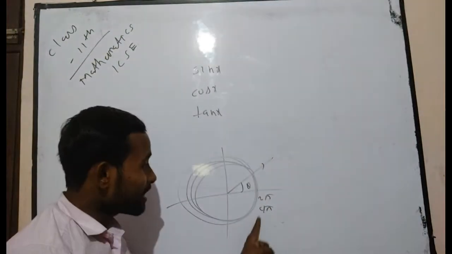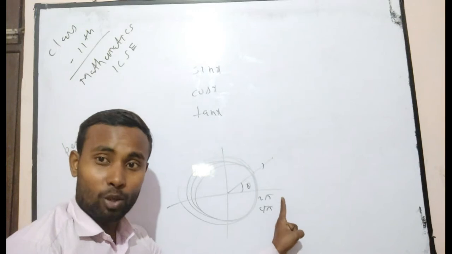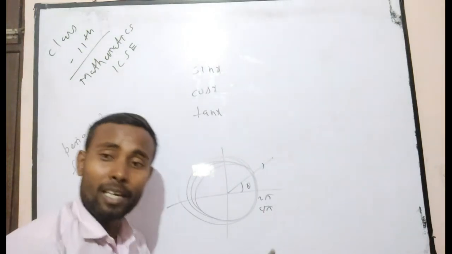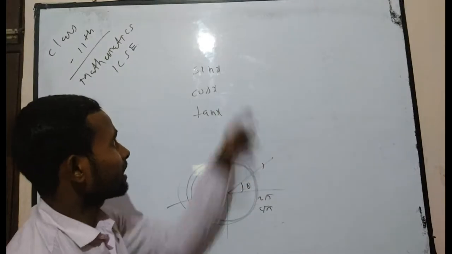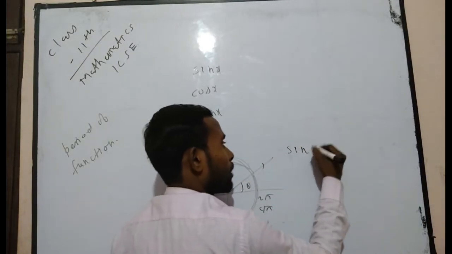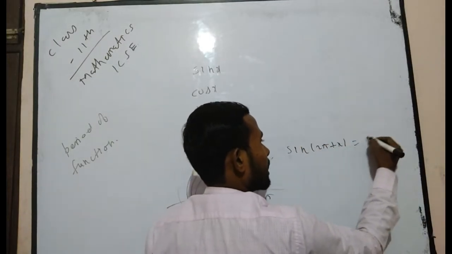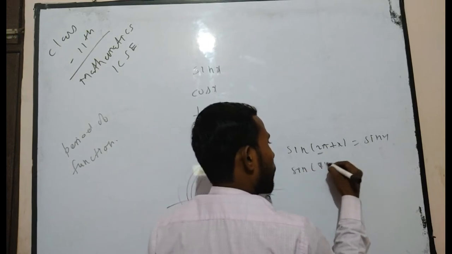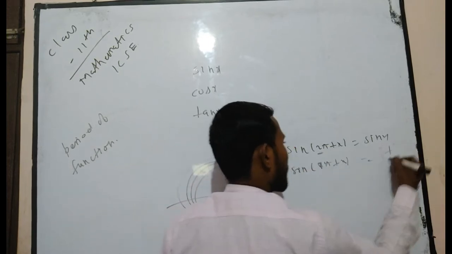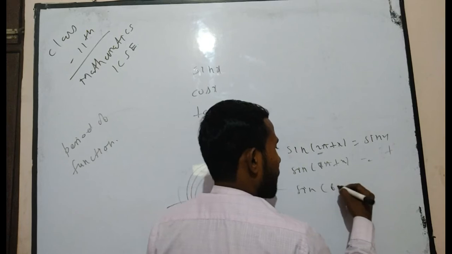That means p is equal to 2 pi, maybe p is equal to 4 pi, maybe there exist infinitely many values. sin(2 pi + x) is equal to sin x. You can say sin(4 pi + x) is equal to sin x, sin(6 pi + x).